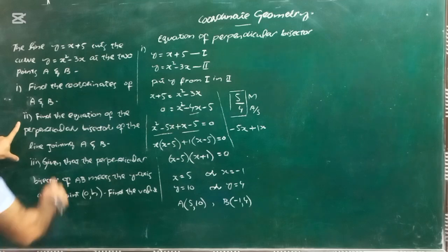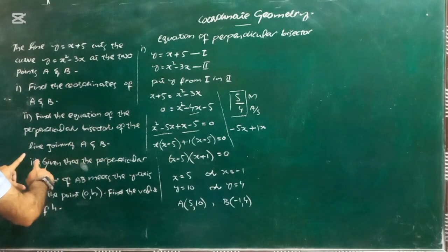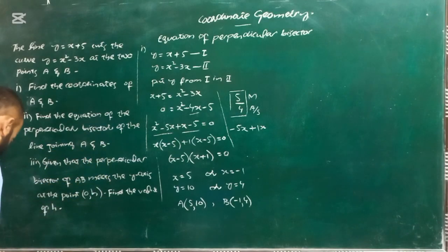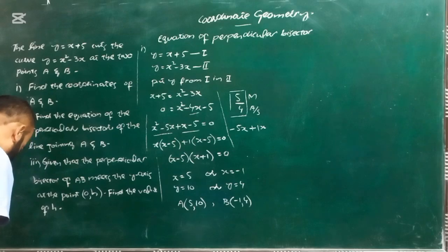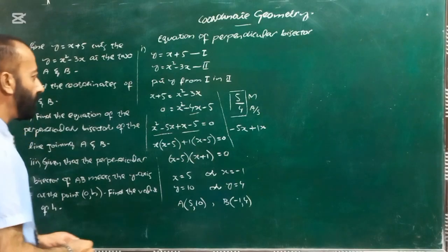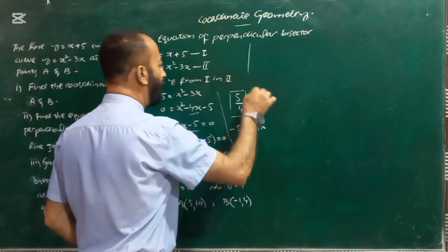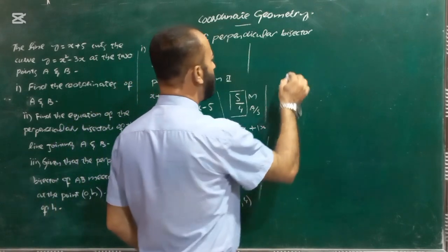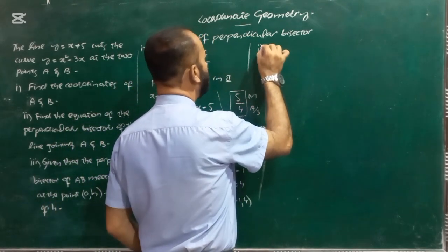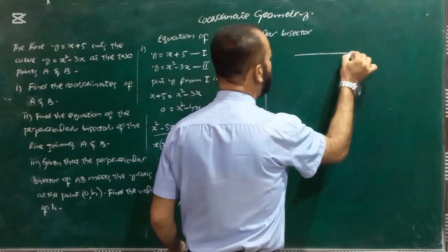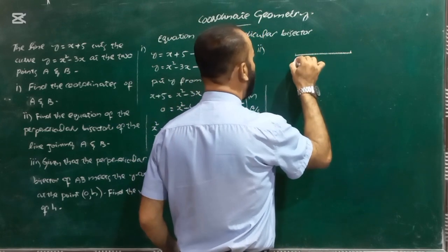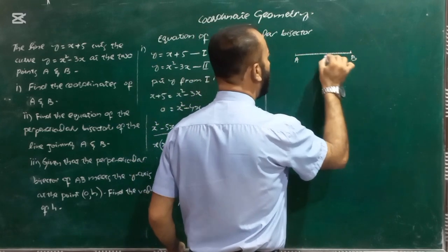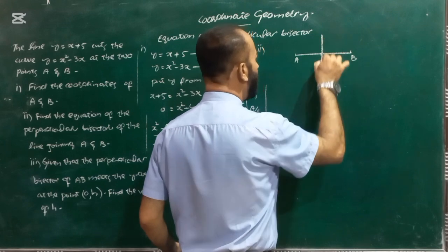Now the second part is to find the equation of the perpendicular bisector of the line joining A and B. Okay. So if you see now, we have 2 points A and B whose perpendicular bisector line is required.